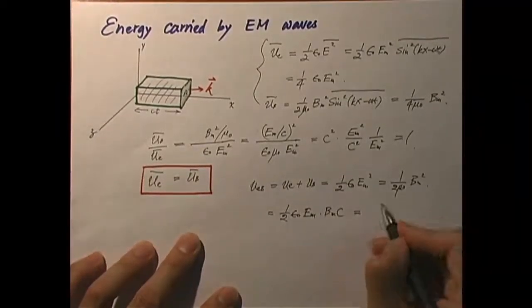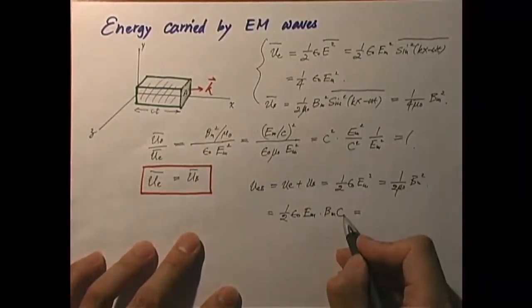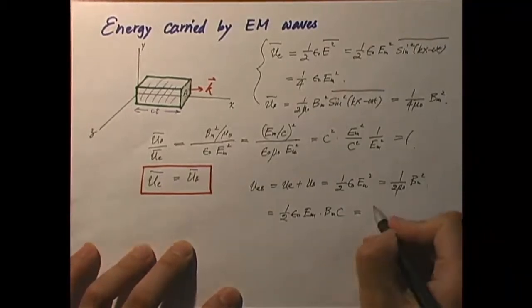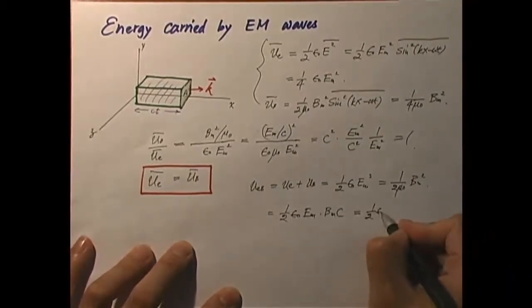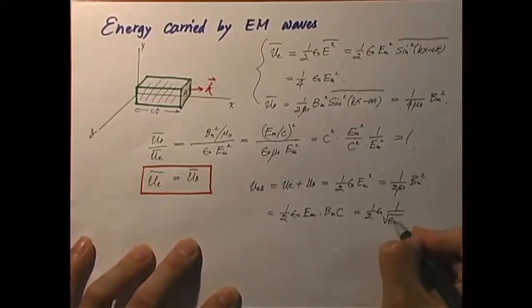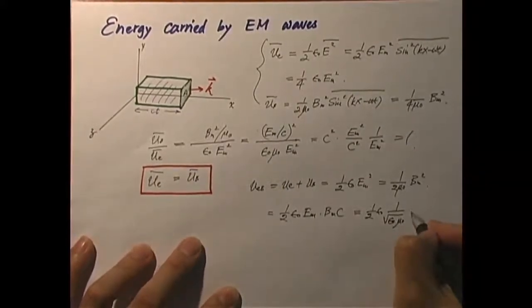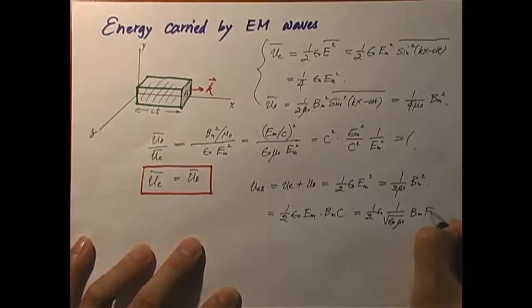Of course I can do that. Now, what is C anyway? C can be written as 1 over the square root of epsilon naught mu naught, right? So I can write this as 1/2 epsilon naught and then the square root of epsilon naught mu naught times B maximum E maximum.